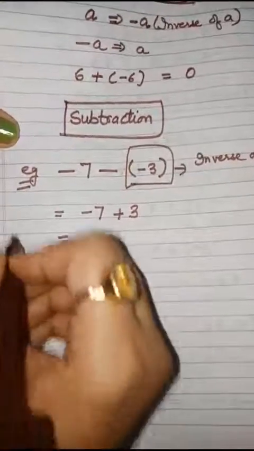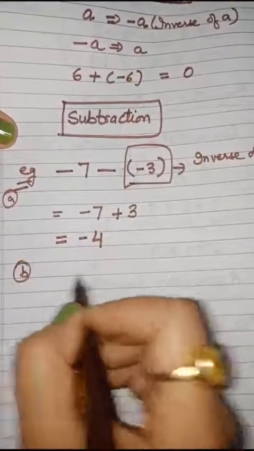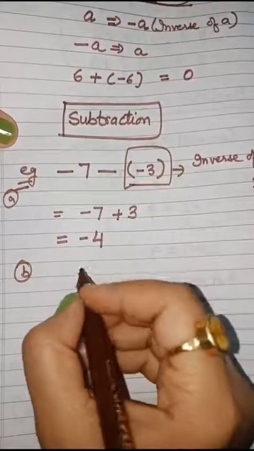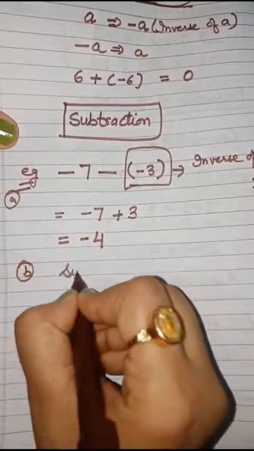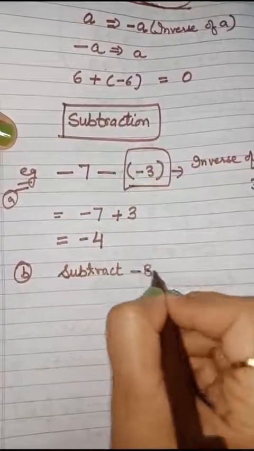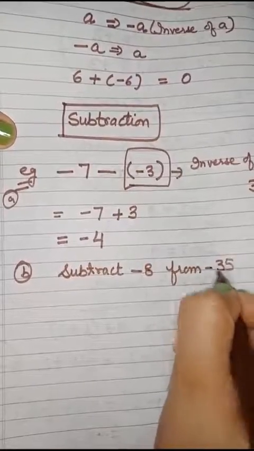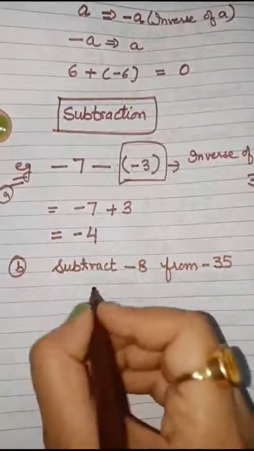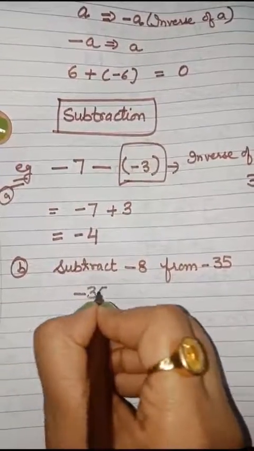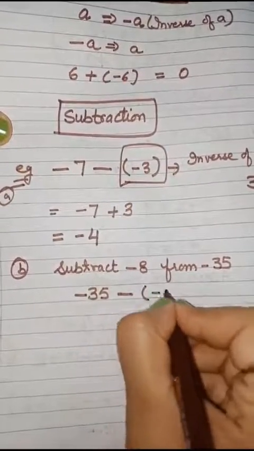Take one more example. Suppose we subtract minus 8 from minus 35. How to write it? Minus 35 minus, you have to subtract minus 8.